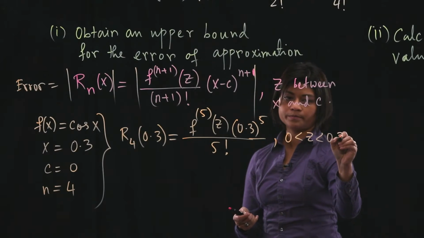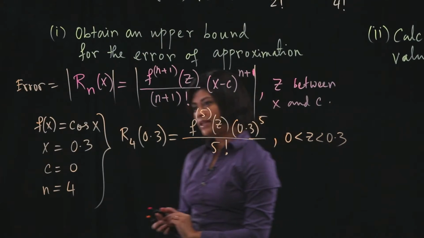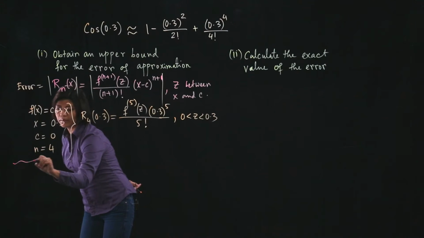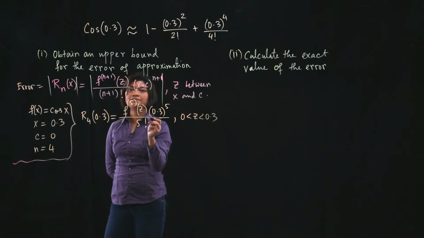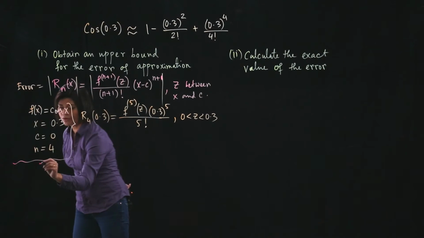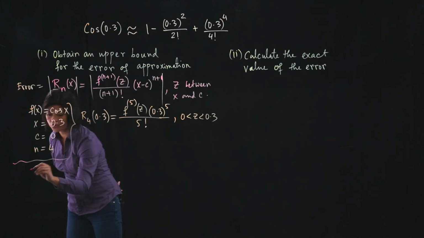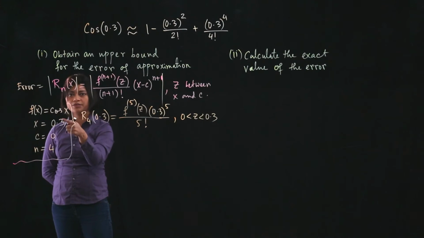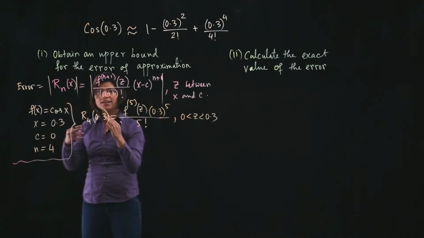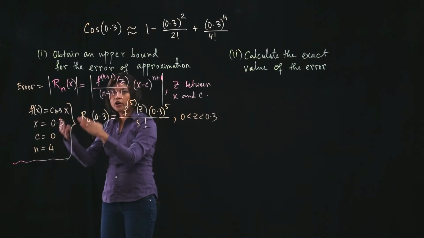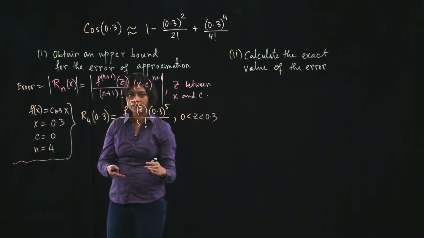Let's think about the derivative of this function. What is the 5th derivative of cosine? You can keep on taking the derivatives, the first, second, and so on. But notice that every time you take the derivative of cosine, it will be either a positive or negative sine, or a positive or negative cosine.